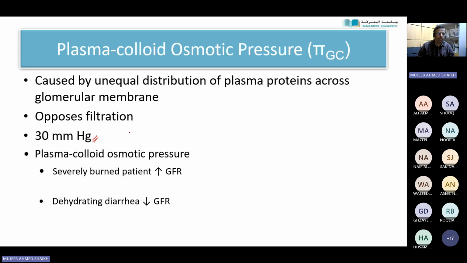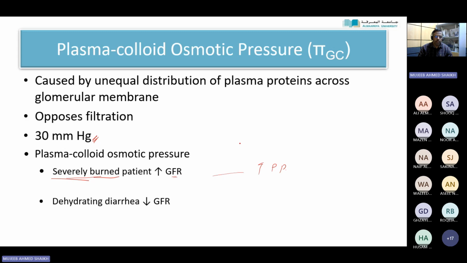It is an opposing force. Now, proteins may be lost in conditions such as a burn. If the person is severely burned due to fire or hot liquid, his skin will be exposed and there will be loss of plasma protein.